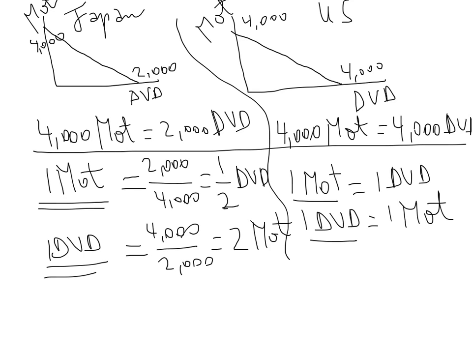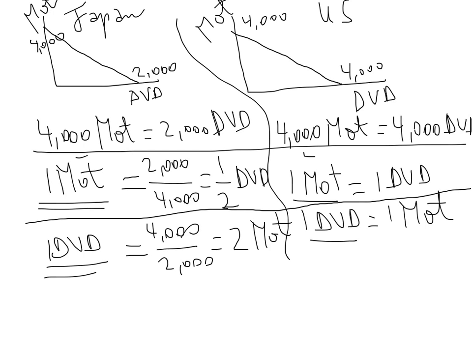After we did these calculations, we are going to look at motorcycles only. Let's look at this area, here and here. For Japan, one motorcycle gives up half a DVD player. For the United States, one motorcycle gives up one DVD player. So who gives up lots of DVDs to produce one motorcycle?